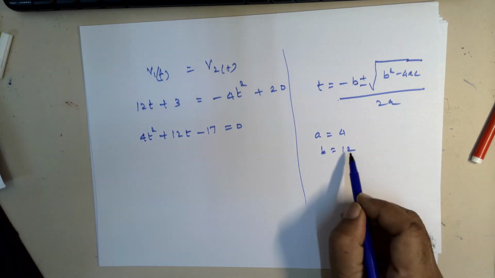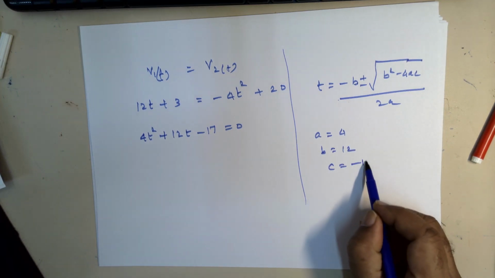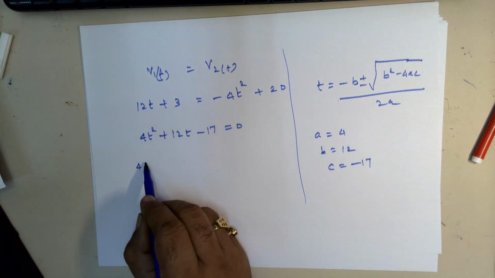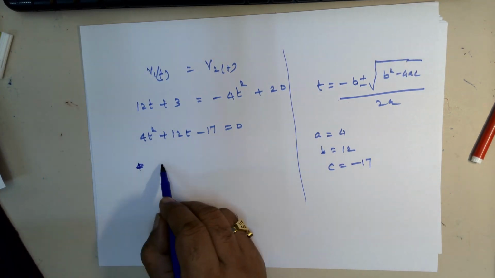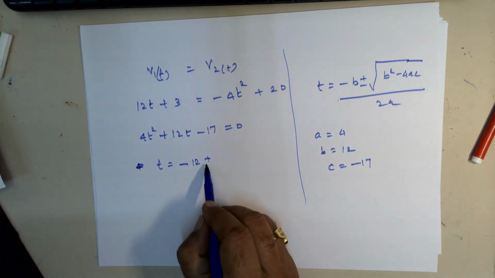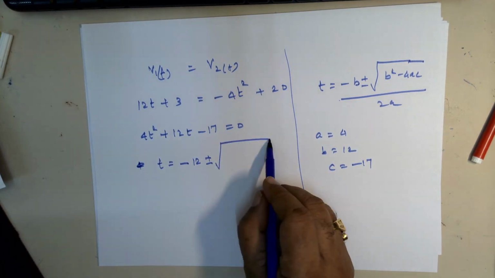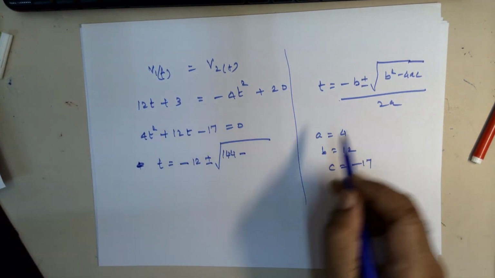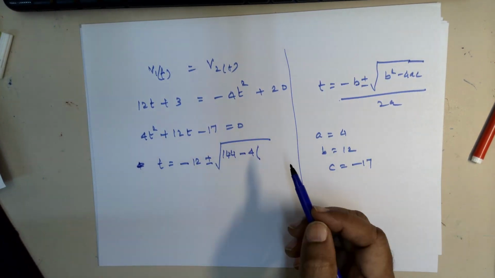B is 12. C is minus 17. Now you can substitute accordingly. So t is equal to minus 12 plus or minus the whole square root of b square 144 minus 4ac. 4 into, what is a?